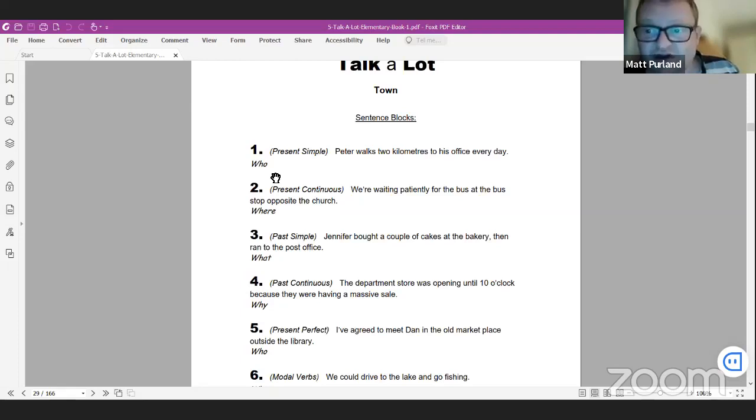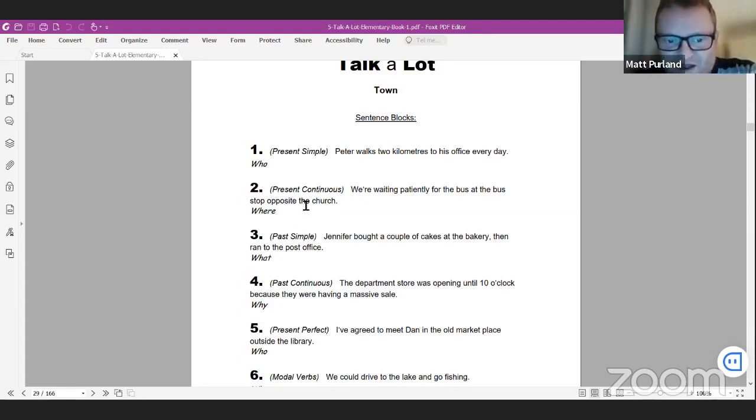Peter does. Does Peter? Yes, he does. Does change the who? Does Jonathan walk 2 kilometers? No, he doesn't. Jonathan doesn't walk 2 kilometers. And so on, right? Sentence blocks.